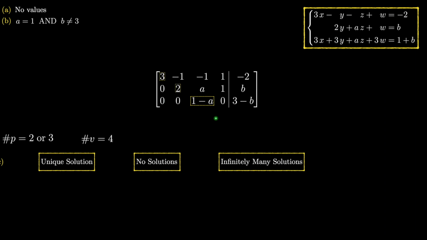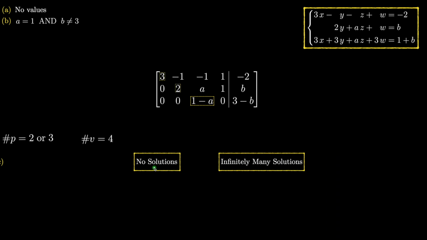There are no other cases. But we just learned from part A that a unique solution cannot happen. So let me just remove it from the display. We are left with two other possibilities: no solutions and infinitely many solutions.